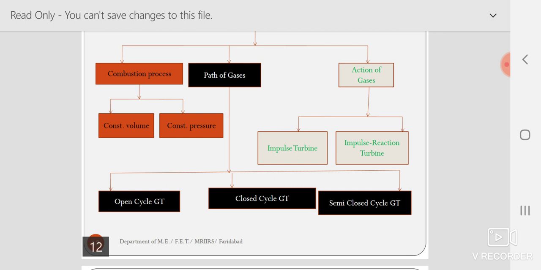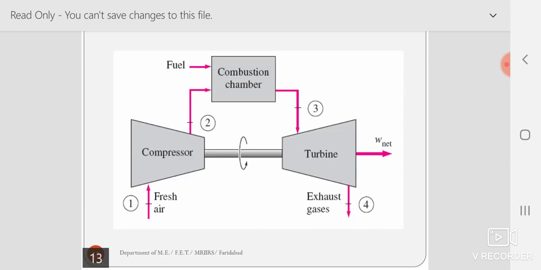It's the same principle as the steam turbine. In an impulse blade, the blades are in one orientation. In a reaction blade, the blades are in different orientations. That's all about this. Now we come to the open cycle gas turbine.